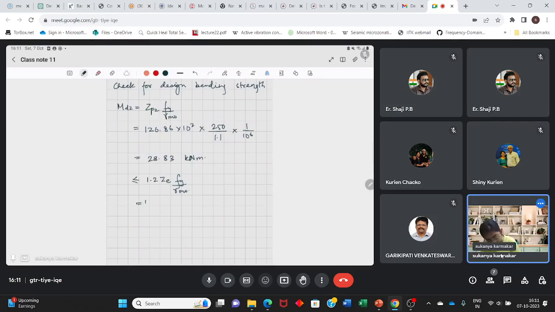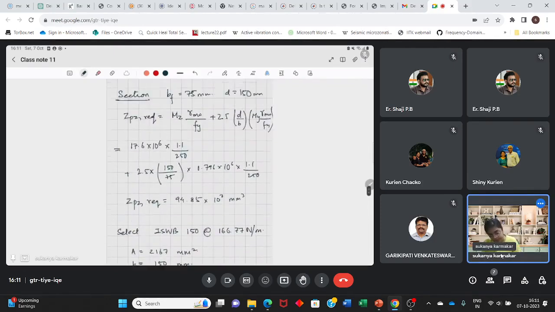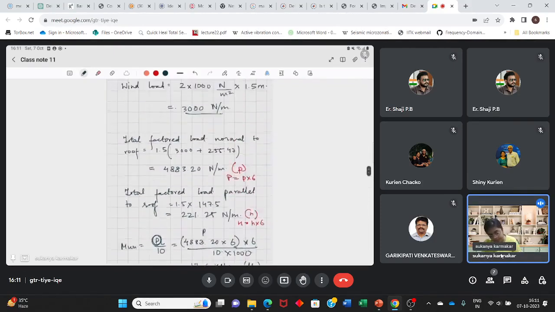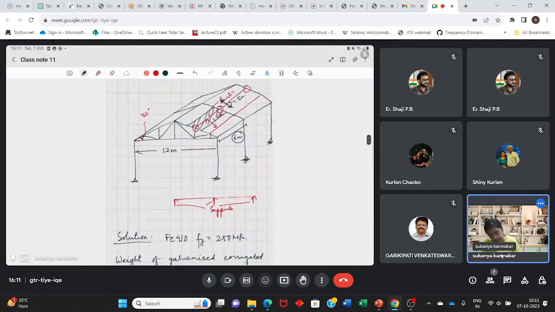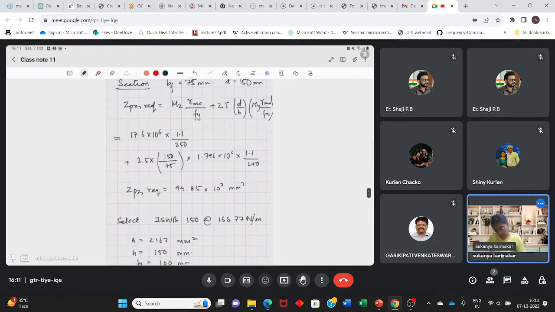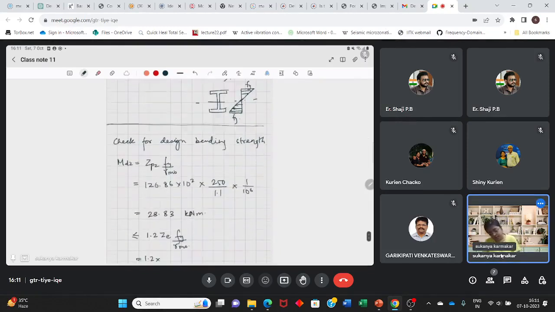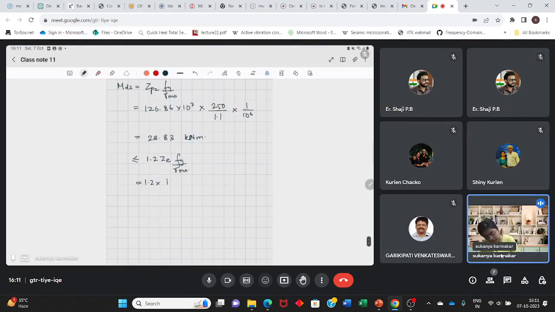So Zez is 111.9 into 10 to the power 3 into 250 by 1.1.